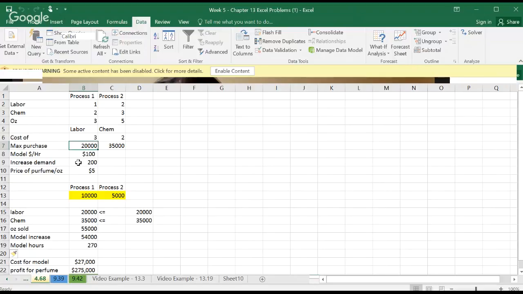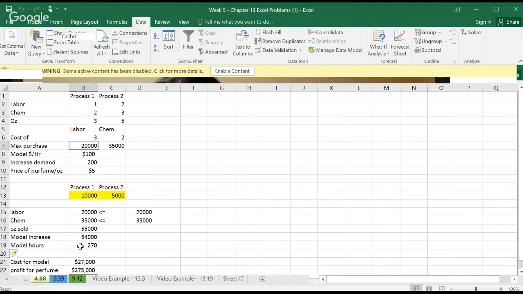So that's going to be a sum product of your processes and the cost. Okay. And then this needs to also subtract out B23. Now I have your B19 formula.